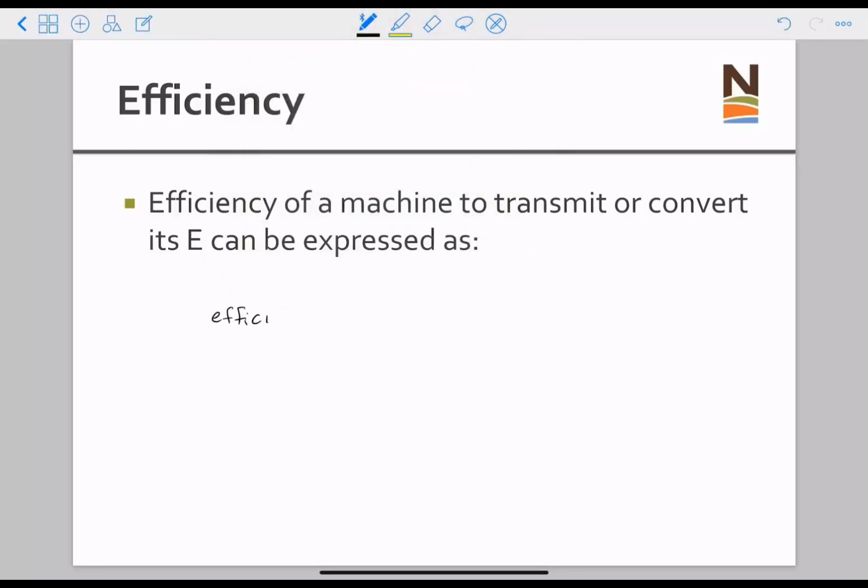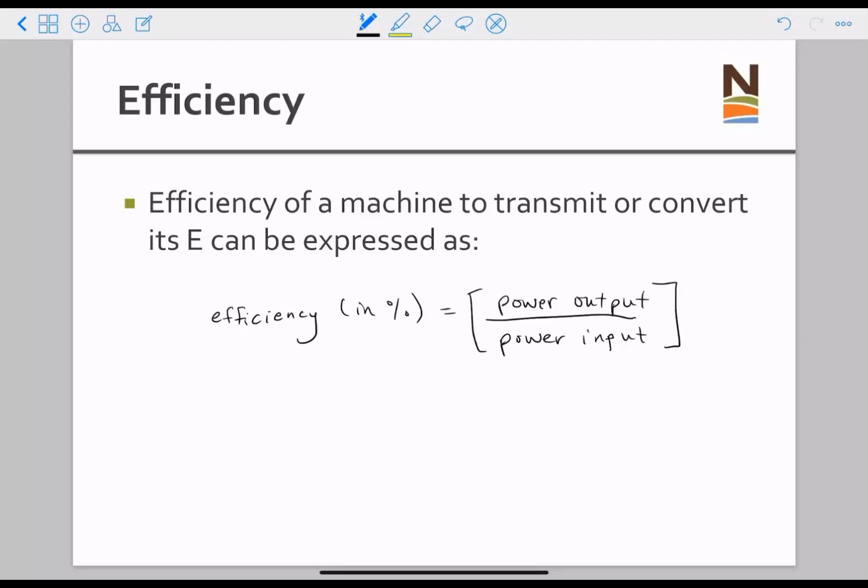That's efficiency in percentage is equal to power output over power input times 100. Okay. All right, so again, that's just basically stating what I said there.